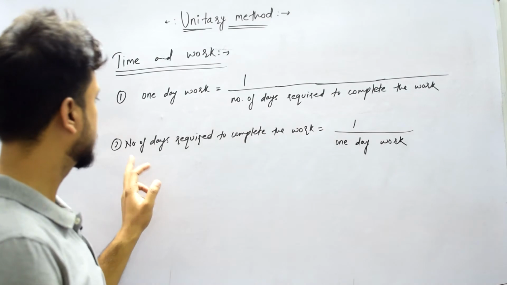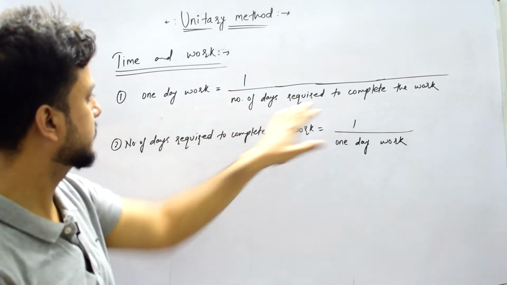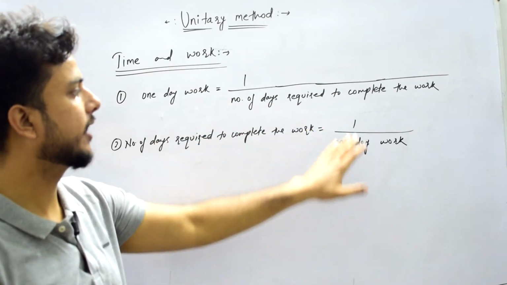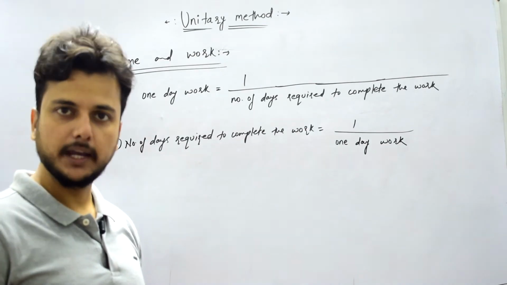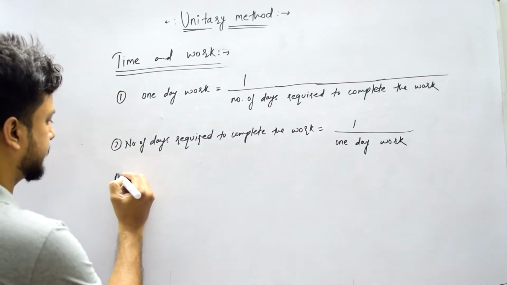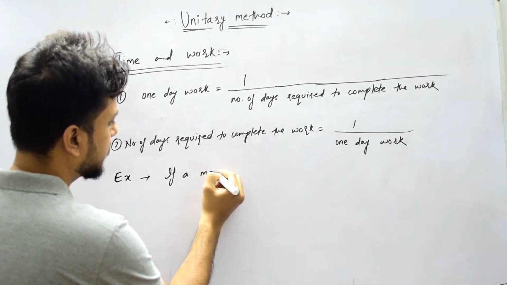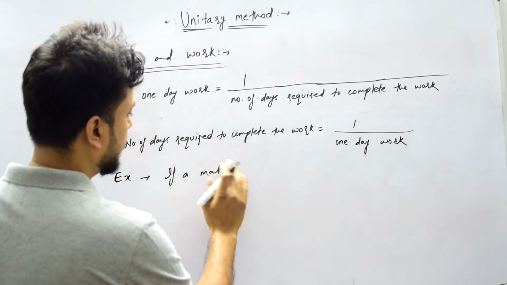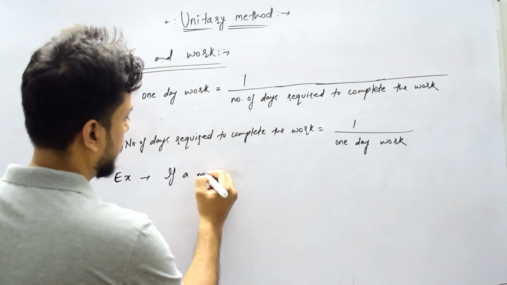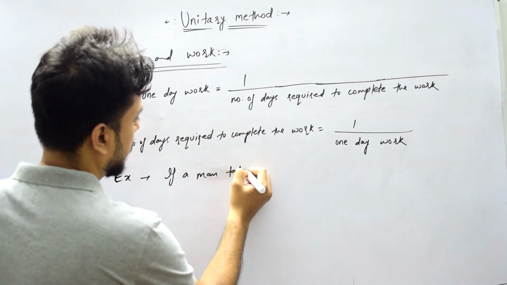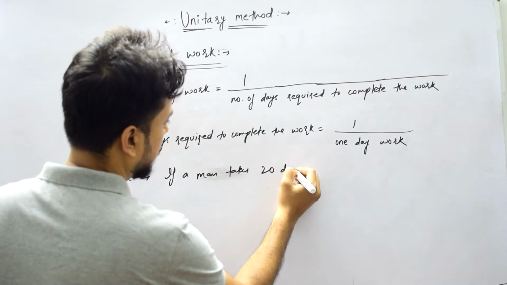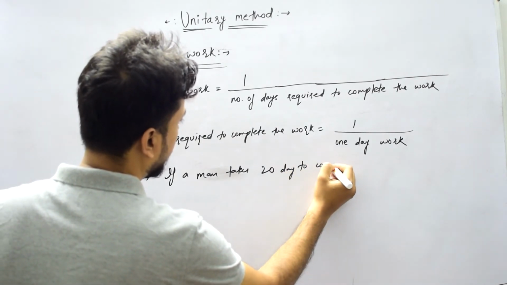Next, similarly, the number of days required to complete the work will be 1 by 1 day work. For example, suppose a man takes 20 days to complete the work.